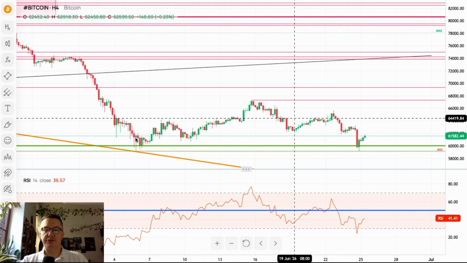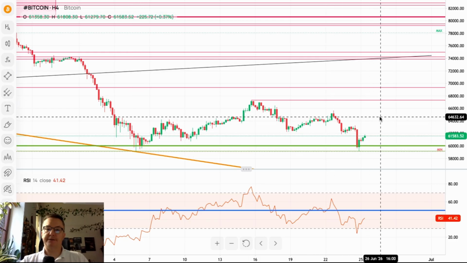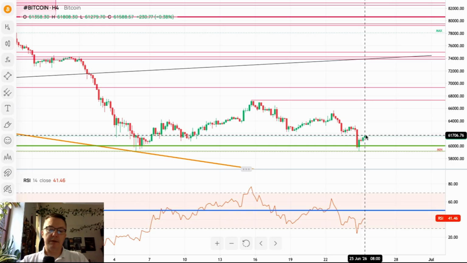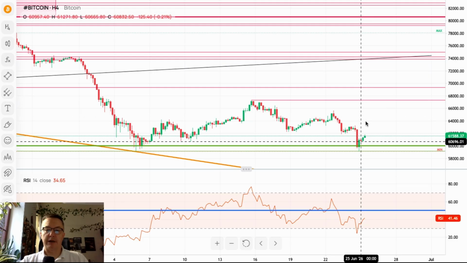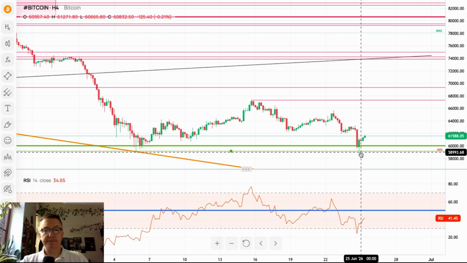So it's an interesting situation that just when we go below the level of 60,000, the market starts to move up yet again. Now in the short term, maybe in the future, this will present as a scenario that might indicate a possible double bottom.